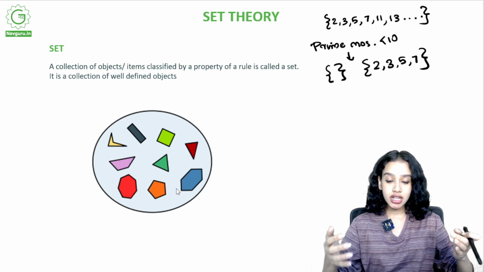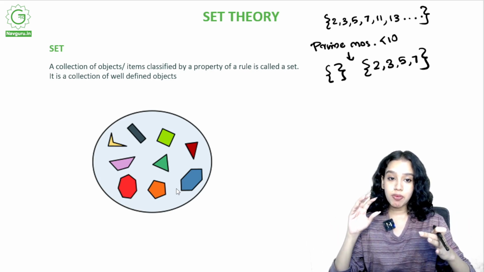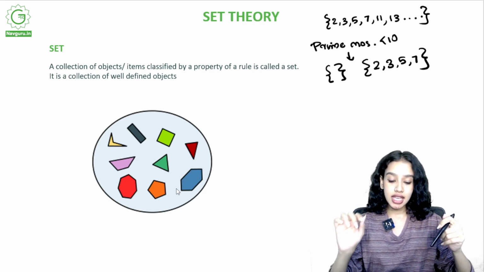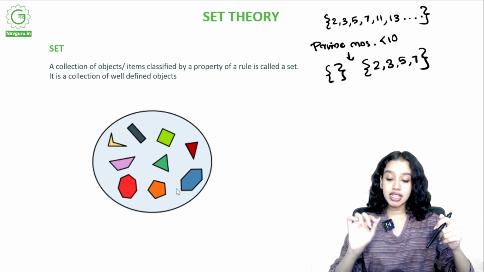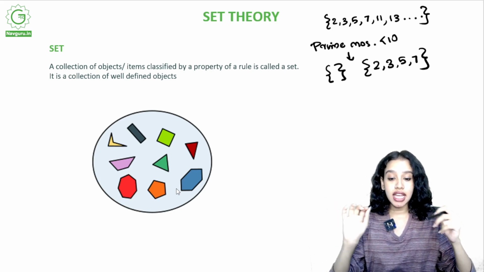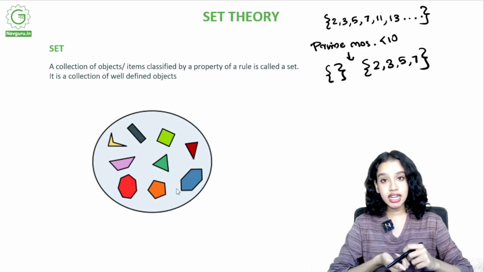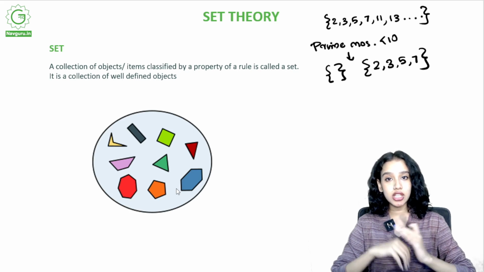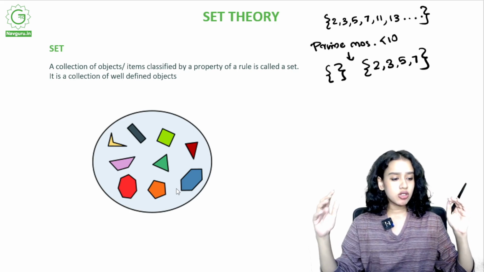Whatever I'm defining with a proper property, like setting a rule that everybody residing in my home, so the people residing in my home is the set. And if I say everybody residing in a locality, the people residing in a locality is actually a set. It could be anything.